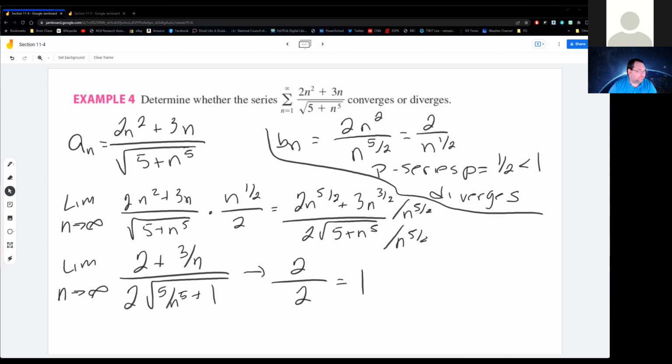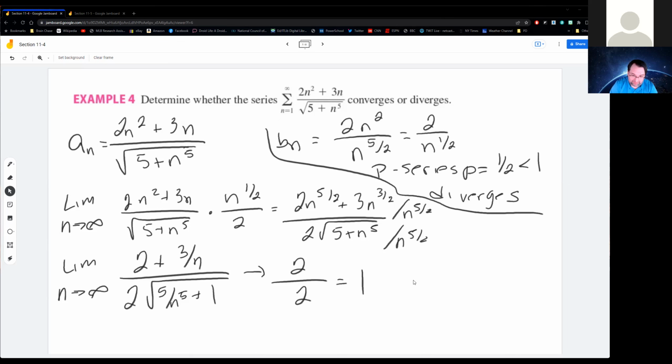Could you explain how you divided the denominator by n to the 5/2? Yeah. Let me just rewrite it real quick. All right, so this right here, the top becomes the 5 plus n to the 5th.